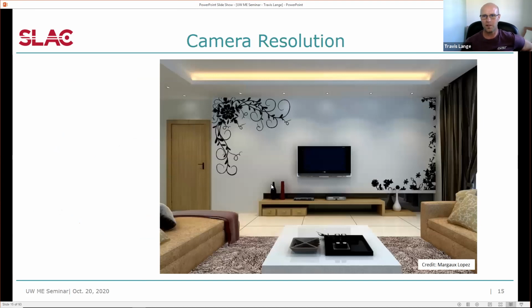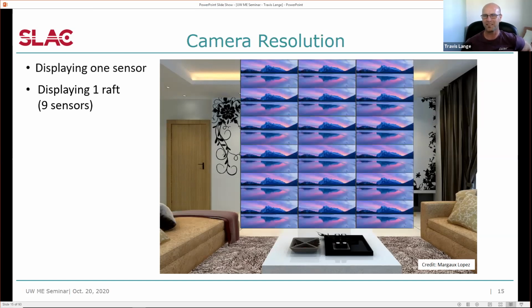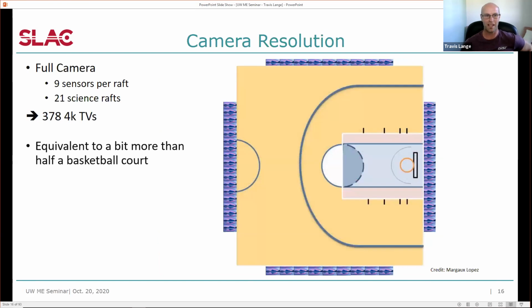If you were going to display one sensor, you're looking at 2 large TVs. If you wanted one of those rafts, you're looking at 9 of these TVs. And if you are trying to do the entire array of CCDs, you're looking at 378 of these 4K TVs, which is roughly the size of half of a basketball court. So it's very large images that are being generated by this camera.